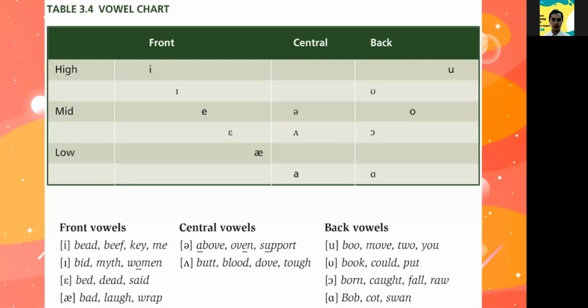So you will see i in the front high, a generally between mid and low front, a central one, and in the back you have u and o and so on.